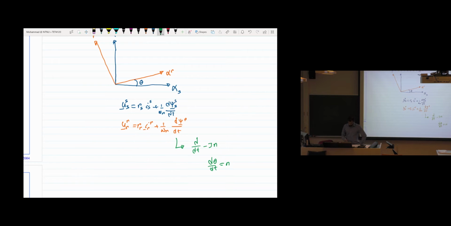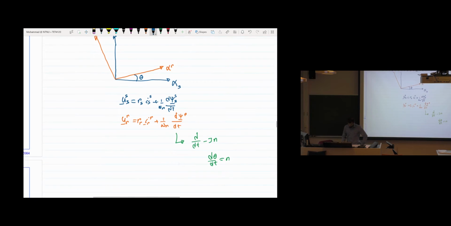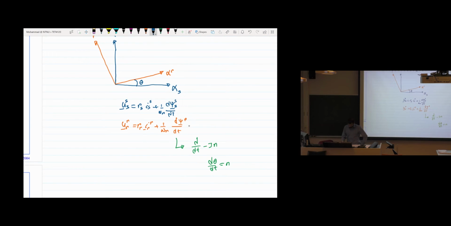So now we got the new rotor equation, and it's now in a stator-oriented frame, which we got RR, IR, now in the stator-oriented frame, plus 1 over omega n d psi r dt, minus j n psi r, in the stator-oriented frame.